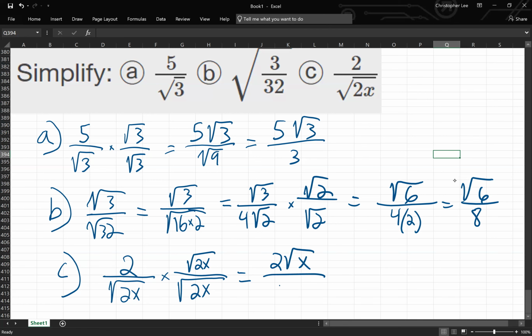Bottom is going to become just plain old 2x. 2's will cancel. This becomes square root x over x. Questions on that? So the idea, you just multiply it by the opposite, get your critical value, look it up.